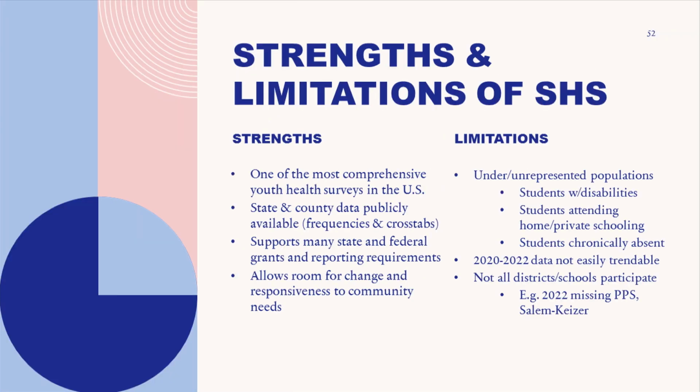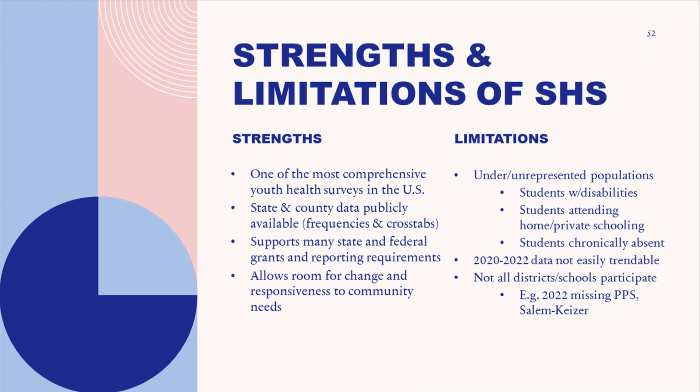Some of the great things about the SHS include the fact that it's one of the most comprehensive youth surveys in the US. The data is made publicly available. It supports many federal and state grants and reporting requirements, and it also allows space for change and responsiveness to community needs, which later I'll share some examples of this.